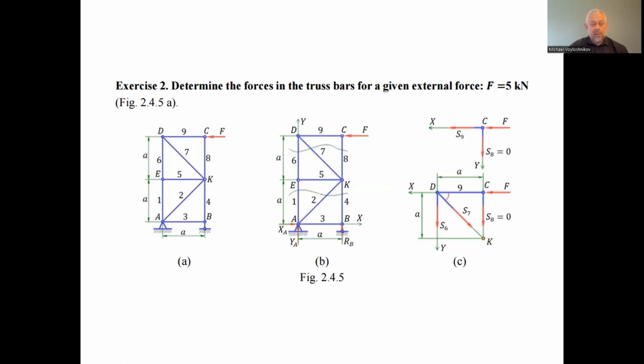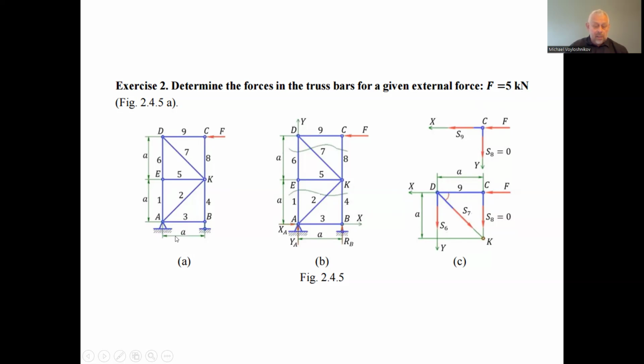Exercise two: determine the forces in the bars for a given external force. This is the truss loaded by the force F acting on the node C from right to left, and the force is assigned as 5 kilonewton.